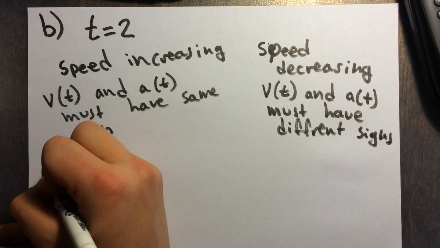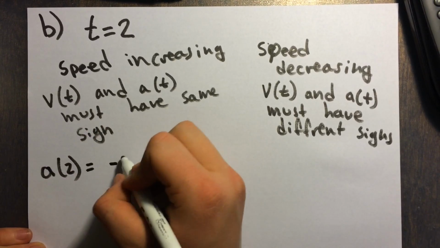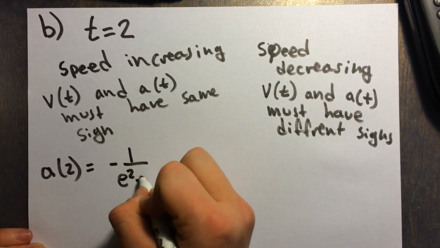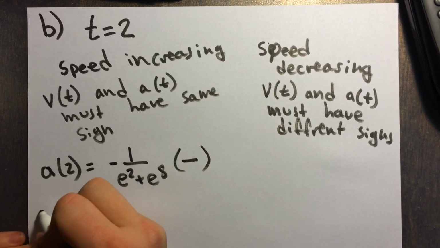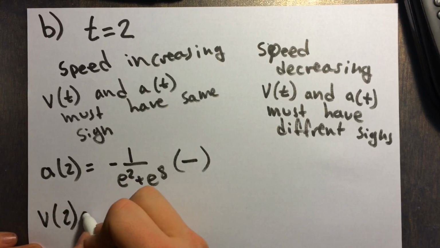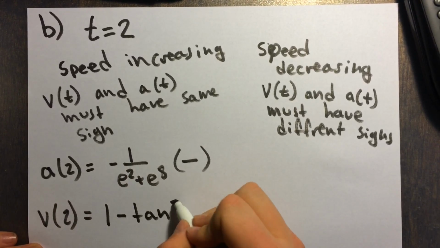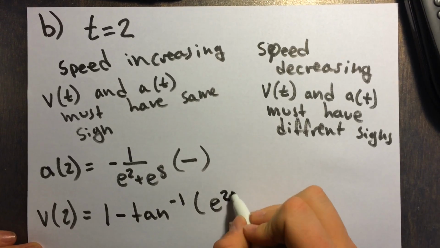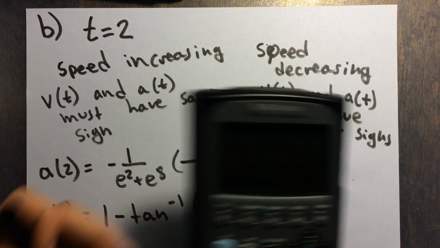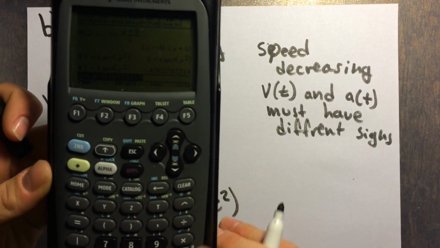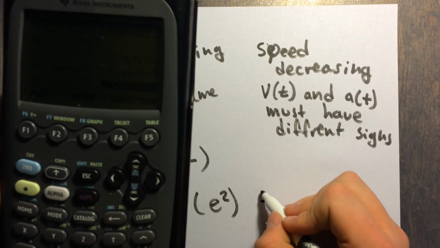We already know that a at 2 is equal to negative e squared over 1 plus e to the 4th, this being negative. Now v at 2 is equal to 1 minus tan inverse of e squared. This being a calculator problem, we can use our calculator, and as you see, we already solved it and got a negative number.